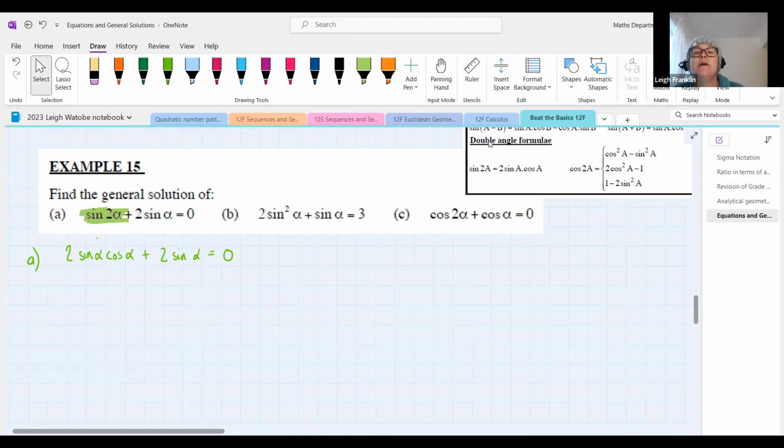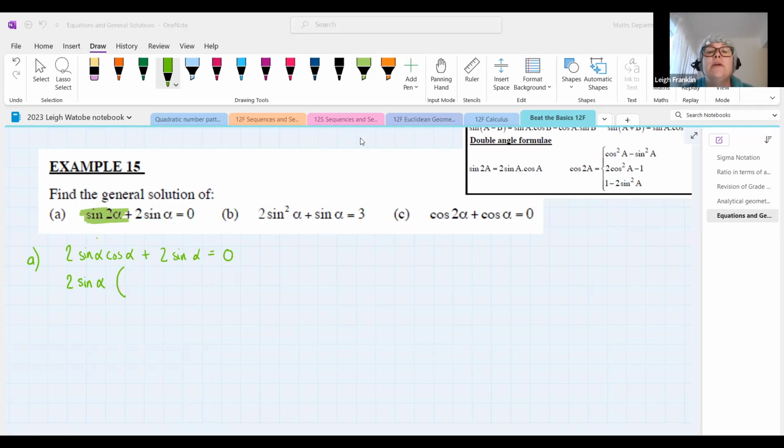So one says take out 2 sine alpha. All right, I'll take out 2 sine alpha. And that means that in brackets we would be left with cos alpha plus 1.